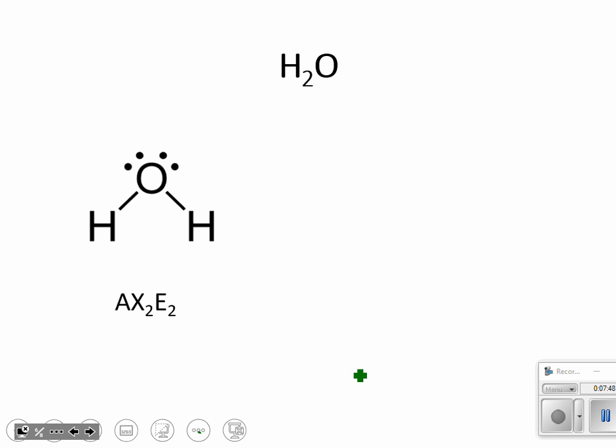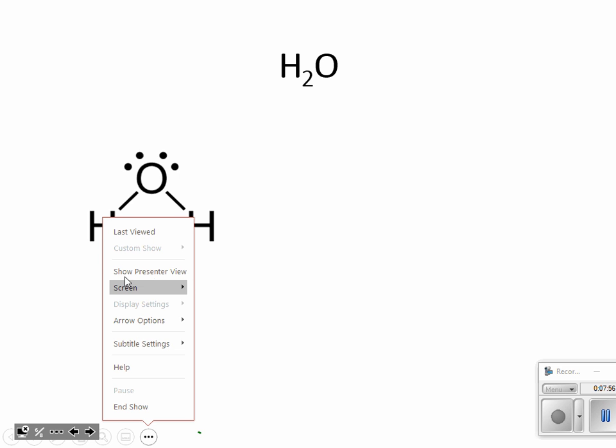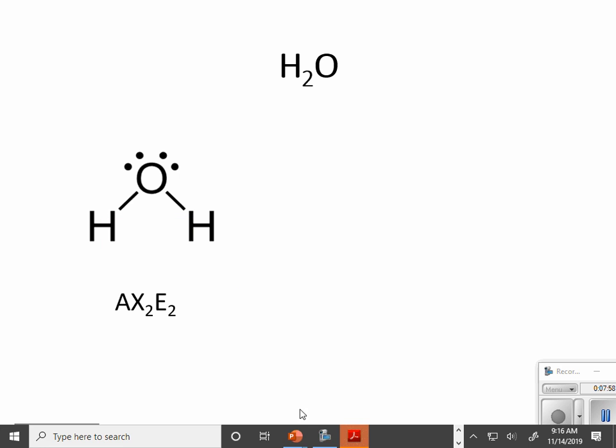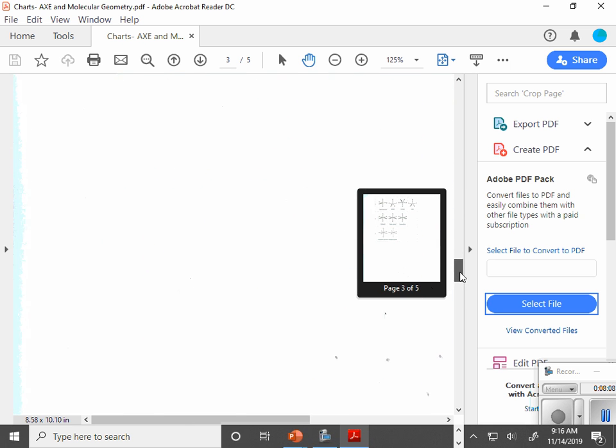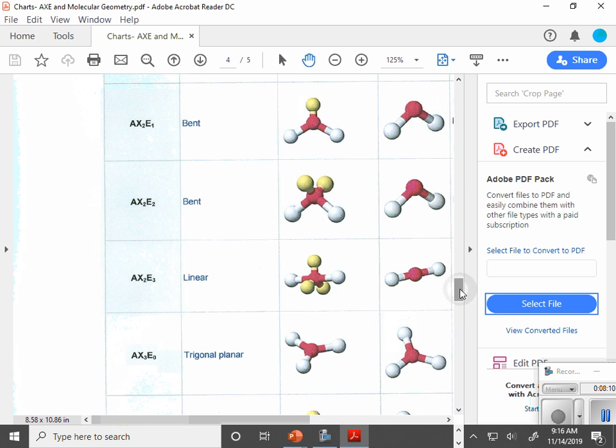When I come back to my AXE packet, I'm going to get that circle and that line off of there. I'm coming down. Where is AX2E2? Right here is bent.